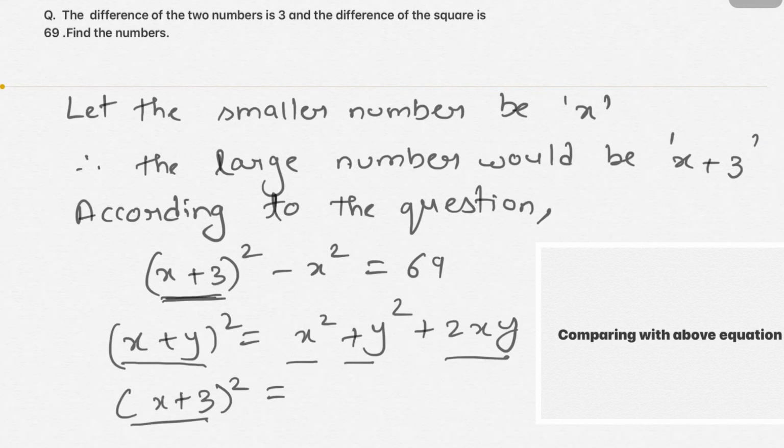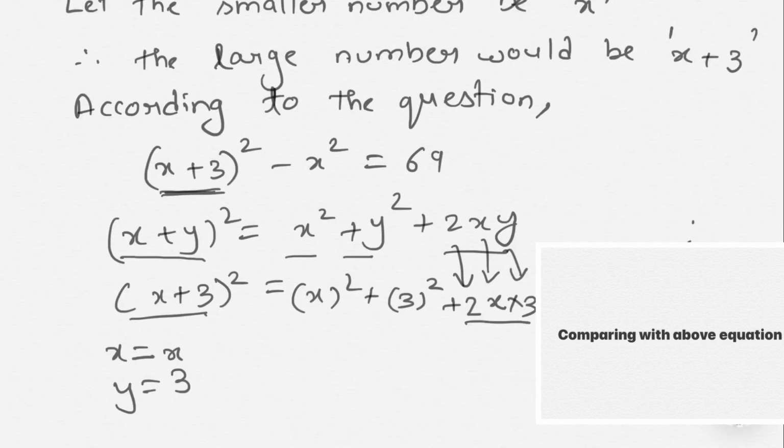So we write x square, 3 square, and 2 times x times 3, which are multiplied to each other. The result is x square plus 9 plus 6x. So (x plus 3) the whole square is x square plus 9 plus 6x.